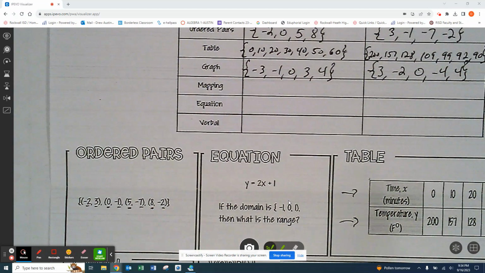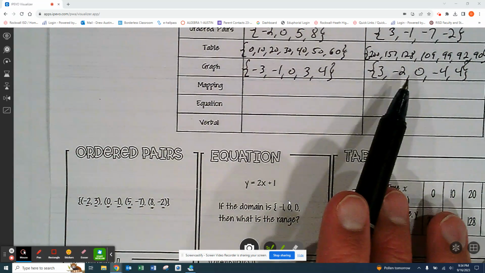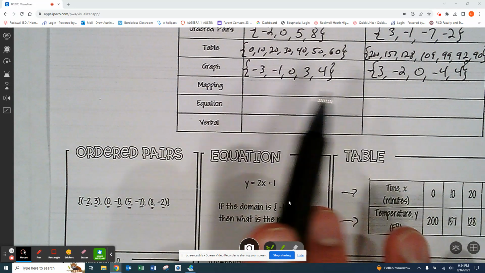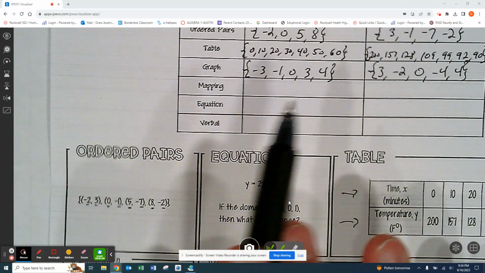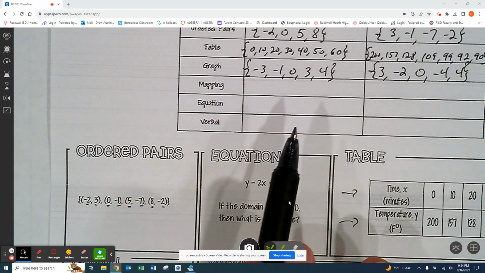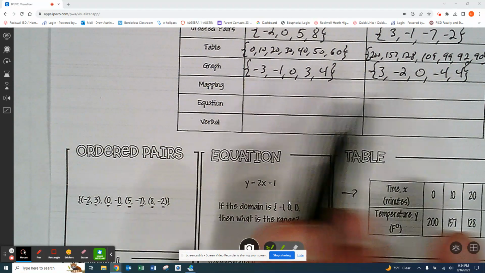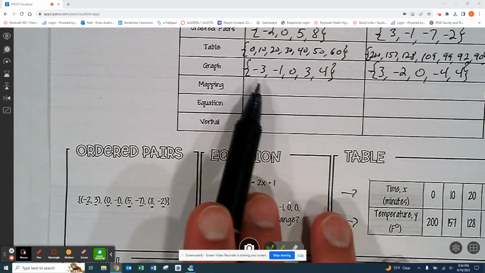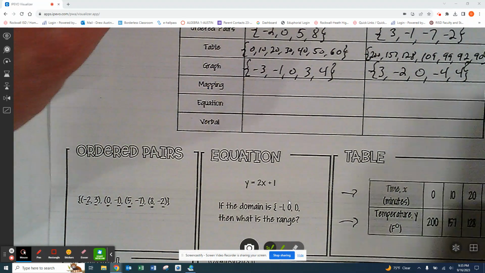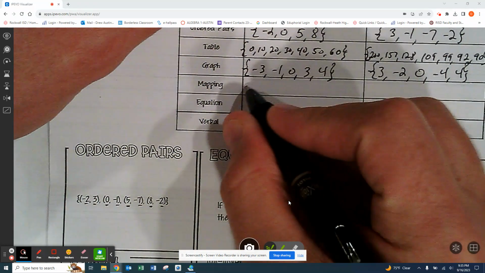It's important to note that your domain and range, the way that we write out these values, it doesn't matter what order you write them in as long as you can identify all of the values. I tend to write least to greatest, but you don't have to. Mapping is straightforward.